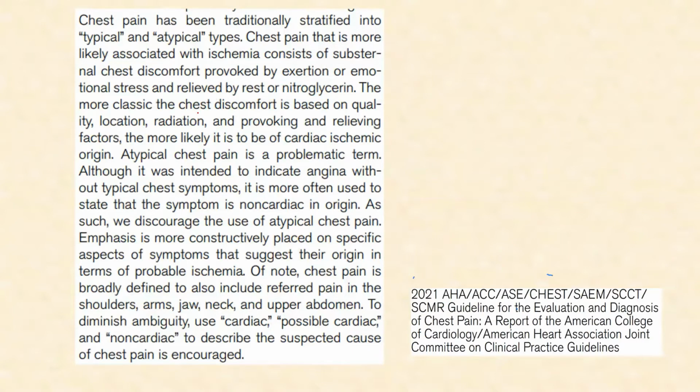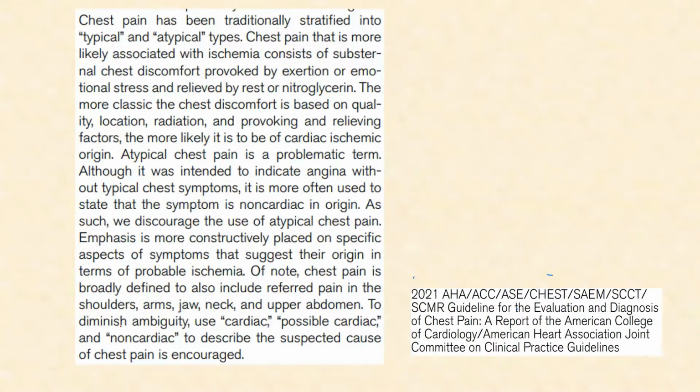The more classic the chest pain discomfort is, based on quality, location, radiation, and provoking and relieving factors, the more likely it is to be of cardiac ischemic origin. Atypical chest pain is a problematic term. Although it was intended to indicate angina without typical chest symptoms, it is more often used to state that the symptoms are non-cardiac in origin.